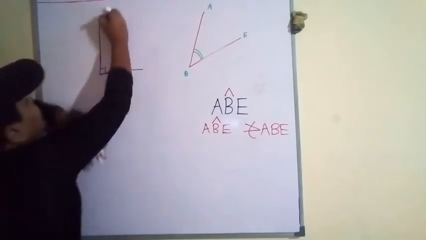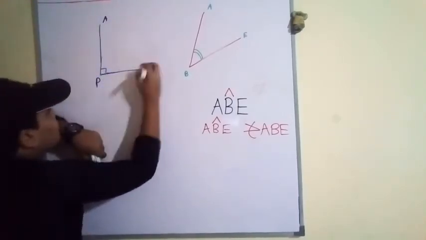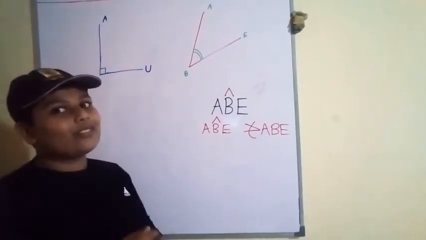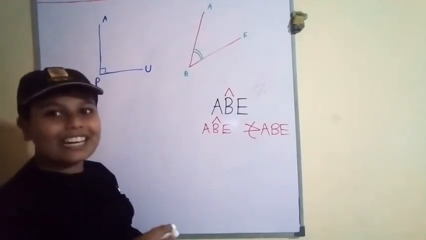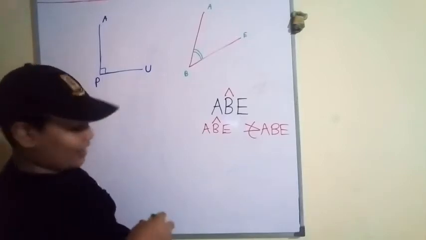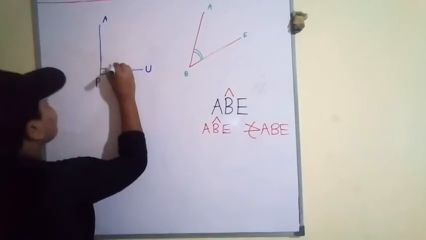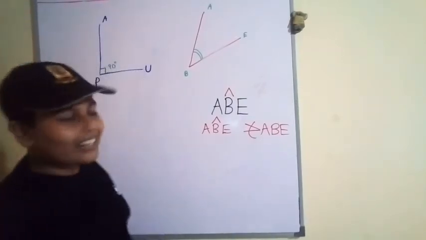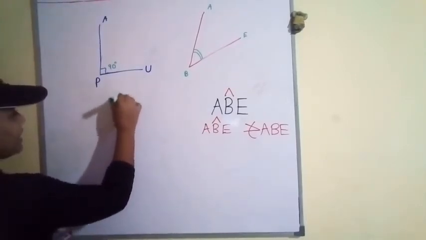Now they are named A, P, U. P, U means my day's first two letters. Now, APU means a right angle that is 90 degrees. Any angle with a magnitude of 90 degrees is the right angle. You can name this with P as the vertex.